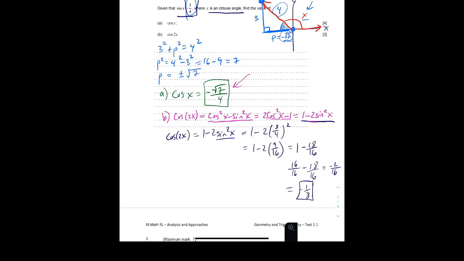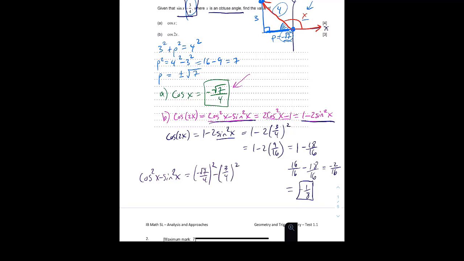Another thing I could have done is pick another one of these formulas. Let's actually just pick the first one, cosine squared minus sine squared. I want to illustrate that they're the same answer by working this out. So I'm going to say cosine squared x minus sine squared x is equal to negative root 7 over 4 squared minus 3/4 squared.